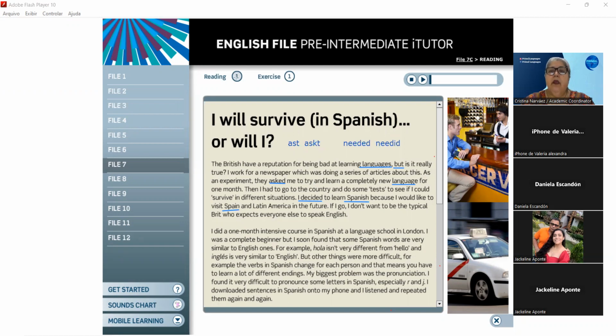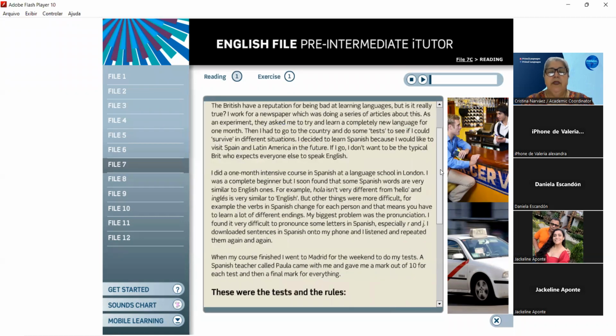Thank you. Now, please, Daniela, can you read the second paragraph, please? I did a 1-month intensive course in Spanish at a language school in London. I was a complete beginner, but I soon found that some Spanish words are very similar to English ones. For example, hola isn't very different from hello, and English is very similar to English. But other things were more difficult.